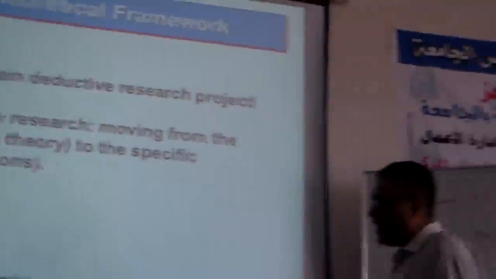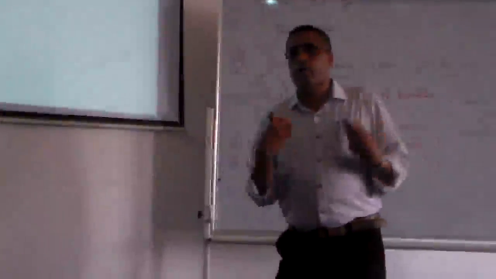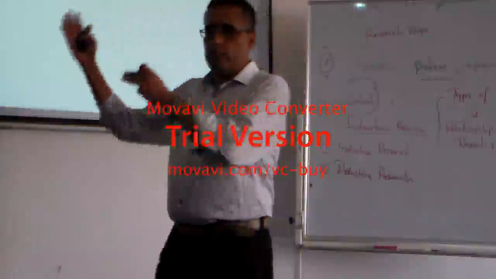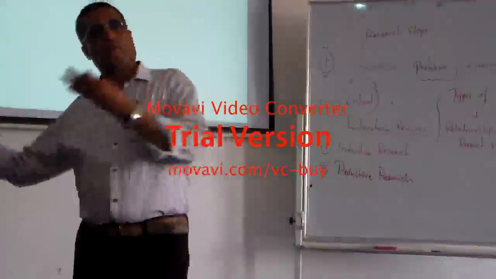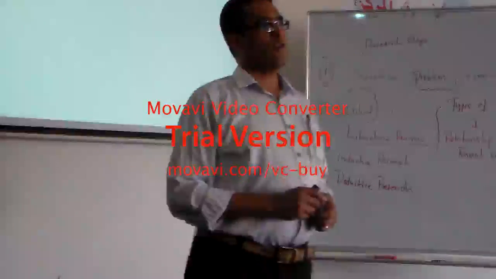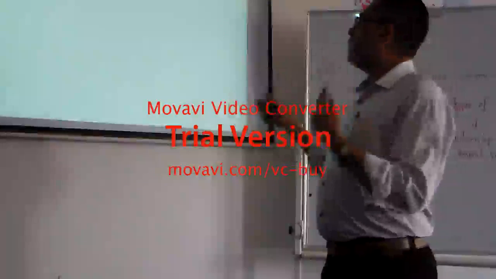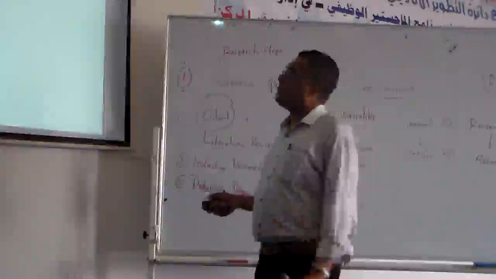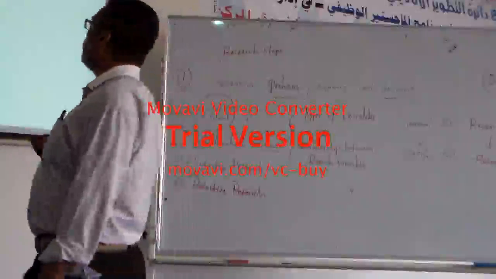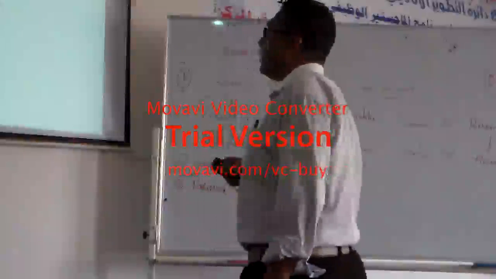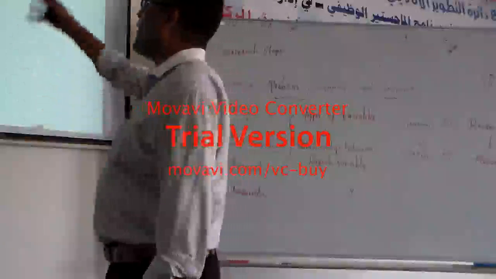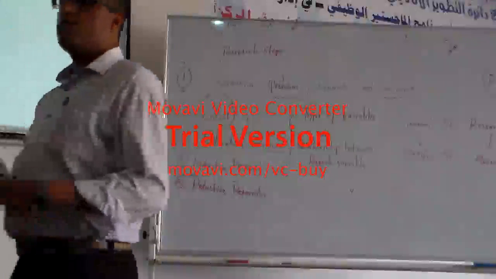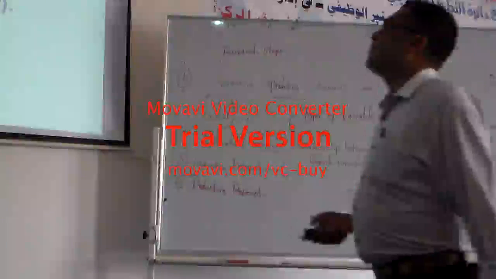We should conclude that something happened in our organization that made them switch to another organization. So we come up with a theory. By the end, we come up with a theory, maybe something. We can conclude something. This is what we mean by deductive research. It is moving from a general theory to the specific observation, to apply the theory on some specific observations.